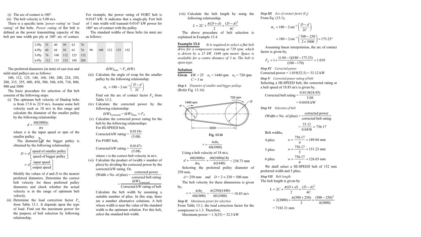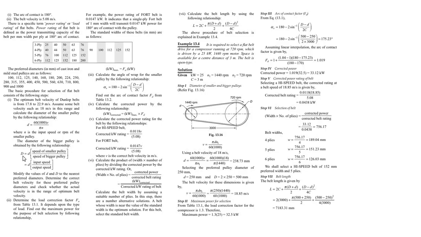Assuming 18 meters per second as the standard, you can have the relationship to find the smaller pulley diameter as d = (60 × 10^3 × V)/(π × N), where V is the belt velocity, which we take in the range of 17.8 to 22.9 meters per second, and N is the input speed or RPM of the smaller pulley.